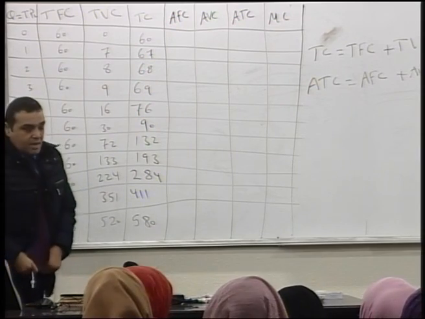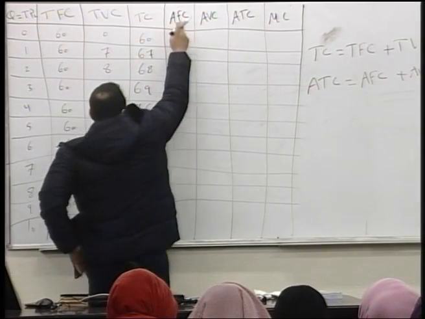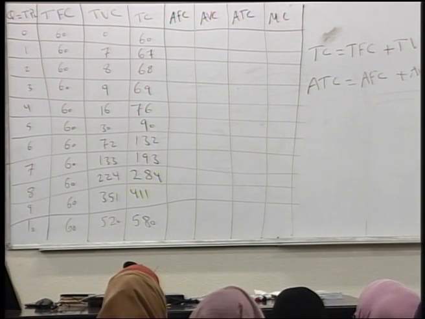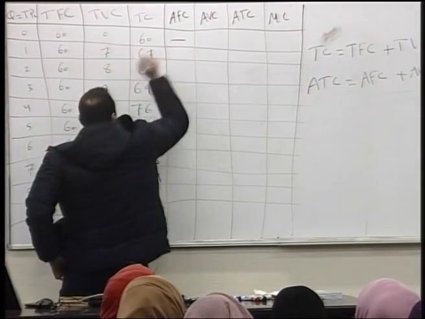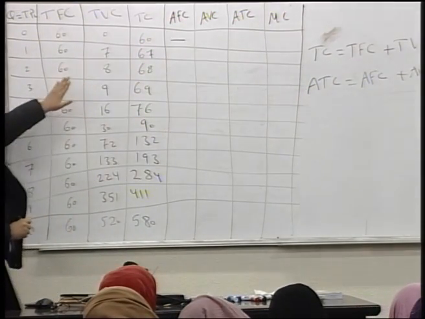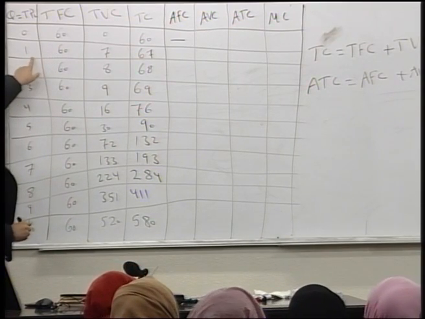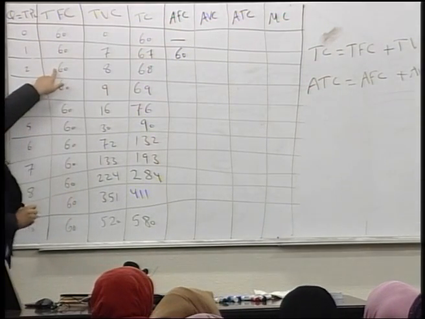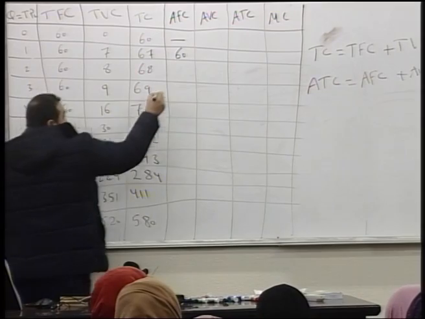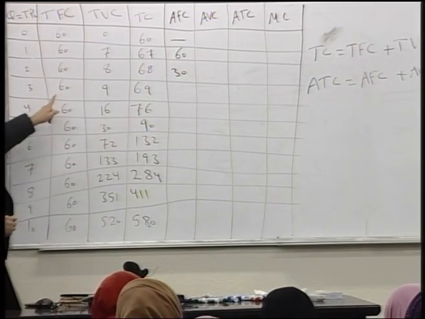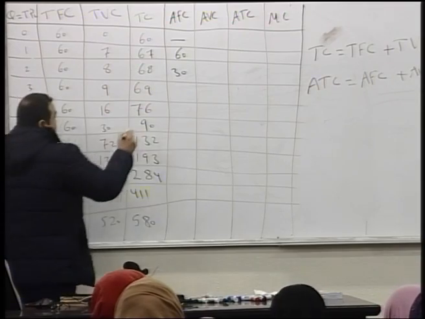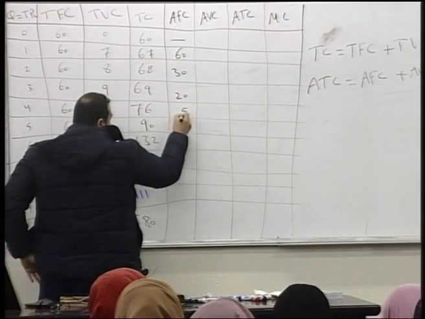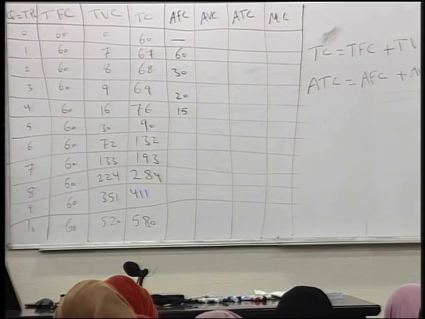Okay, the average fixed cost equals TFC over Q. The first point, exactly, 60 over 1, 60. 60 over 2, 30. 60 over 3, 20. 60 over 4, 15. 60 over 5, how much is it? 12?